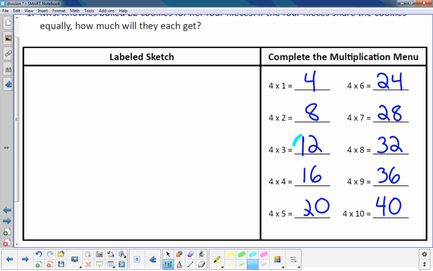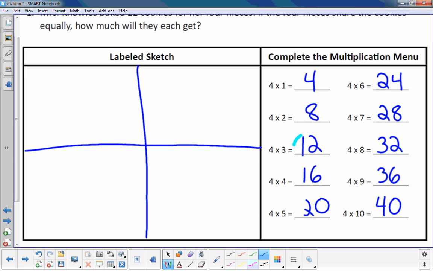So I have my multiplication menu, and now I'm going to draw a sketch. So what I'm going to do is cut this space into 4 equal sections, draw a niece the best I can. Not a very good drawer, so I'm going to just do my little stick people.